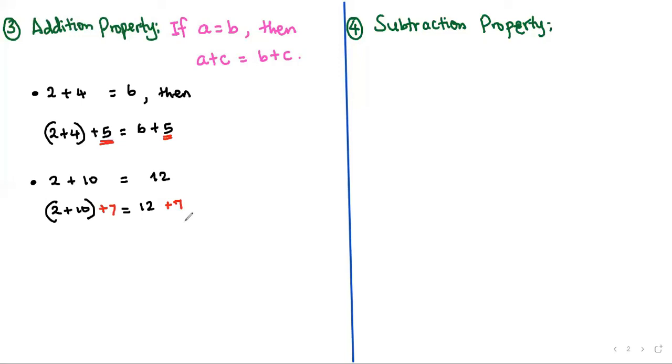Now, this one says that if A is equal to B, then A minus C is equal to B minus C. That is it. A is equal to B, then A minus C is equal to B minus C.